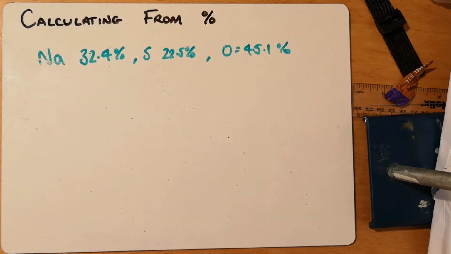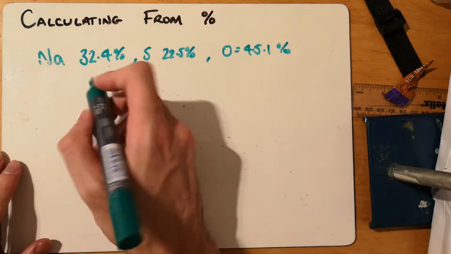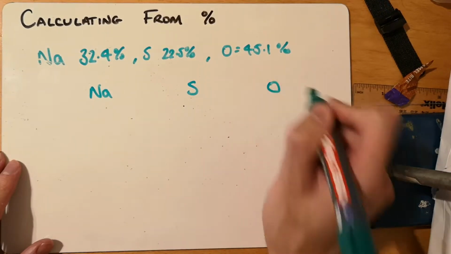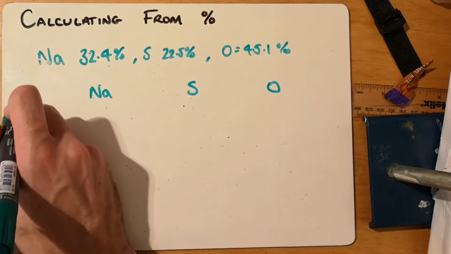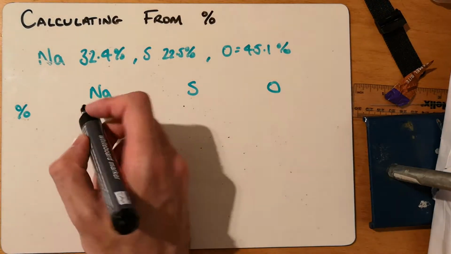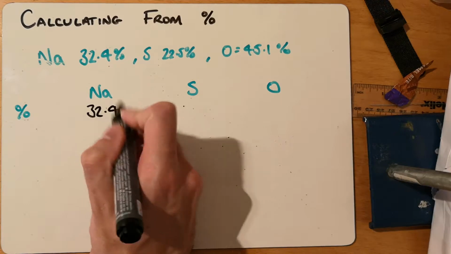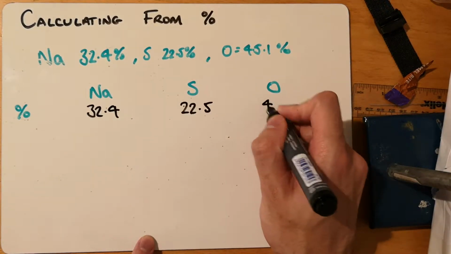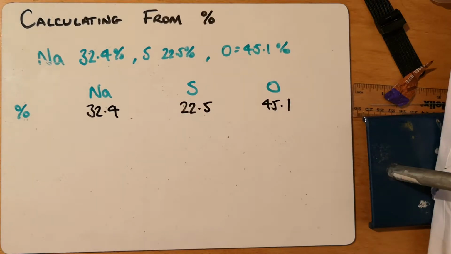And we do that in a few steps. The easiest way is to create a table. I'm going to create sodium, sulfur, oxygen. Put percentage composition first of all. So sodium, you can see up there is 32.4, sulfur is 22.5, and oxygen is 45.1.